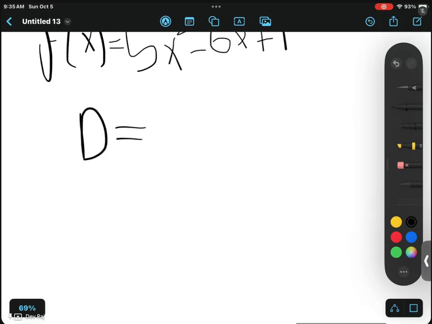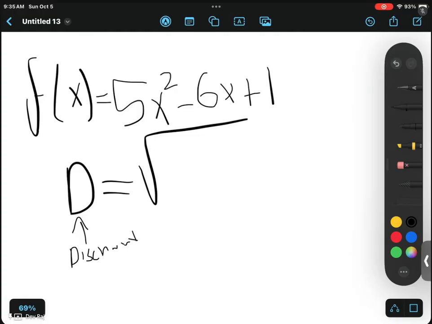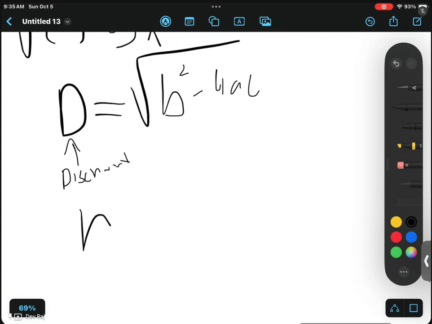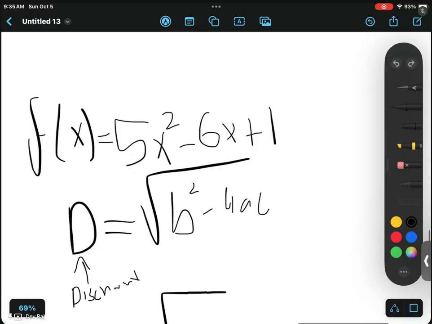Always start off with D, for D is the discriminant, right? And then D is equal to b squared minus 4ac. Plug in our values. D is equal to, remember a, b, c.